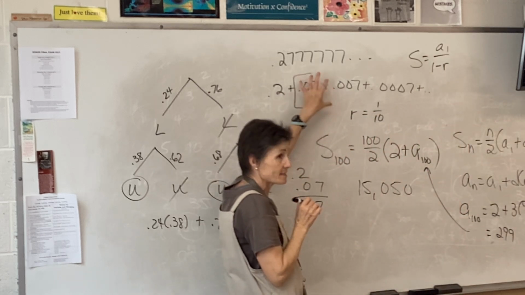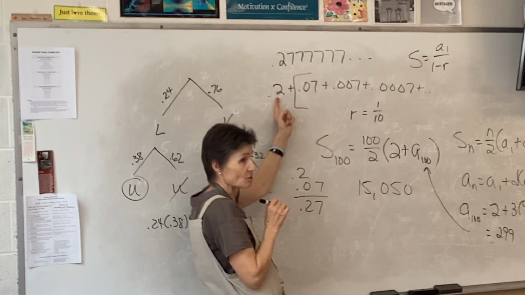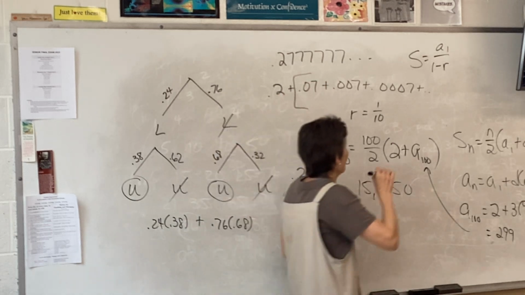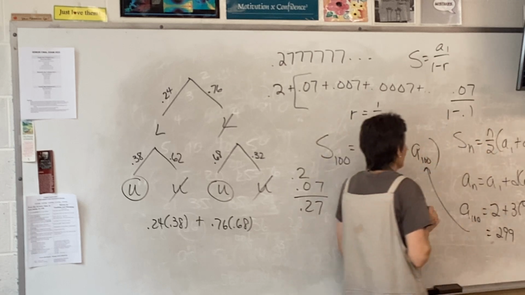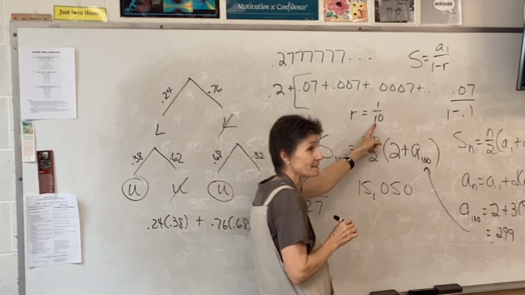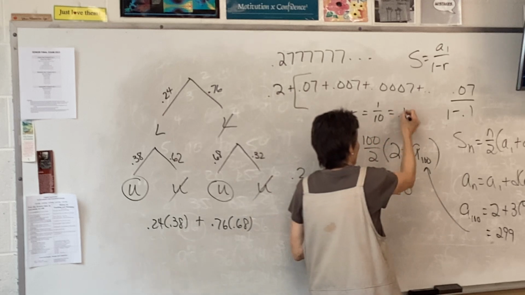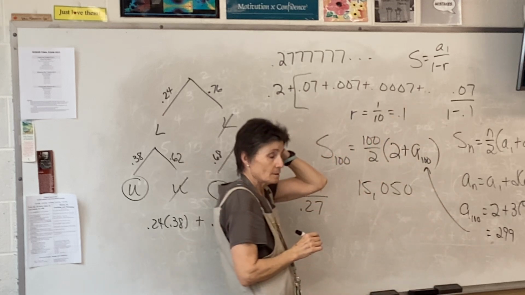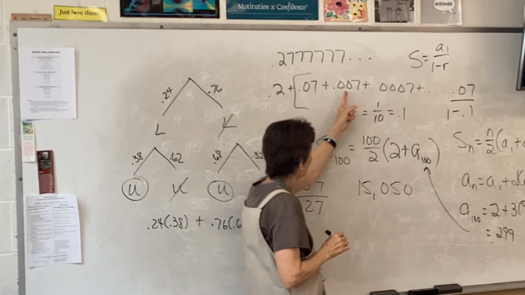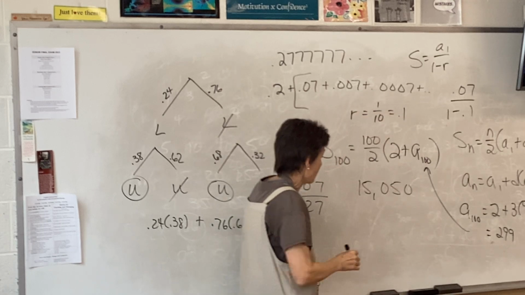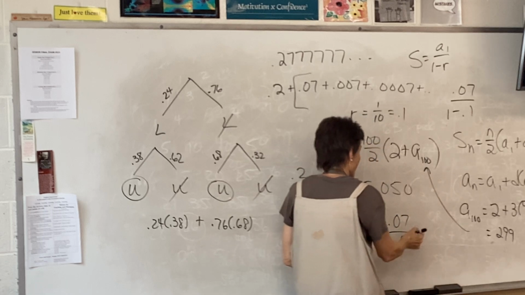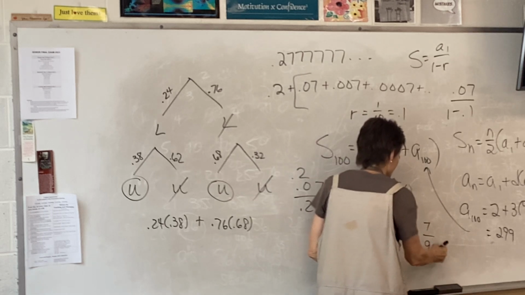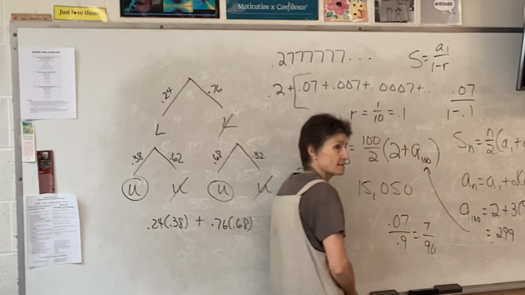Remember, it's just the sevens part. That's extra. So 0.07 over 1 minus 0.1. The ratio is 1/10, 0.1. That's what you're multiplying by. So I got 0.07 over 0.9, which is 7 over 90, if I move the decimal point 2 places to get rid of it.